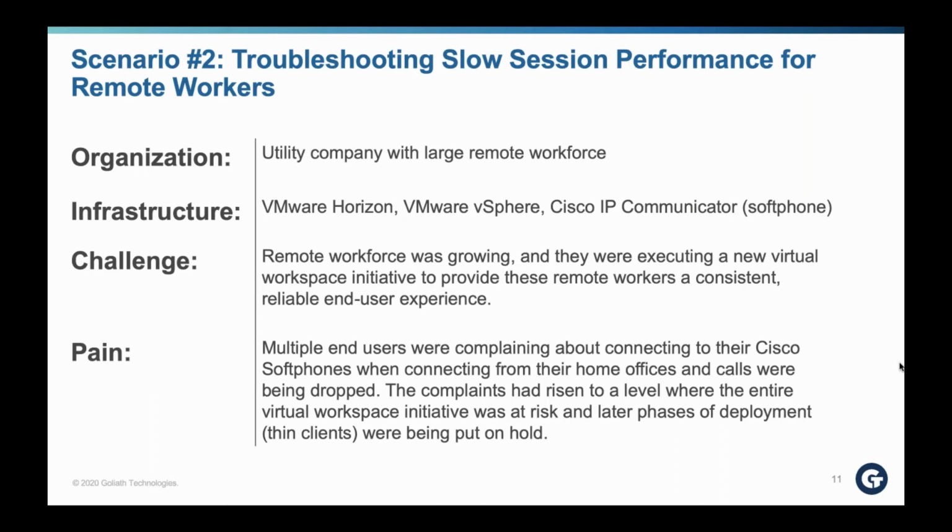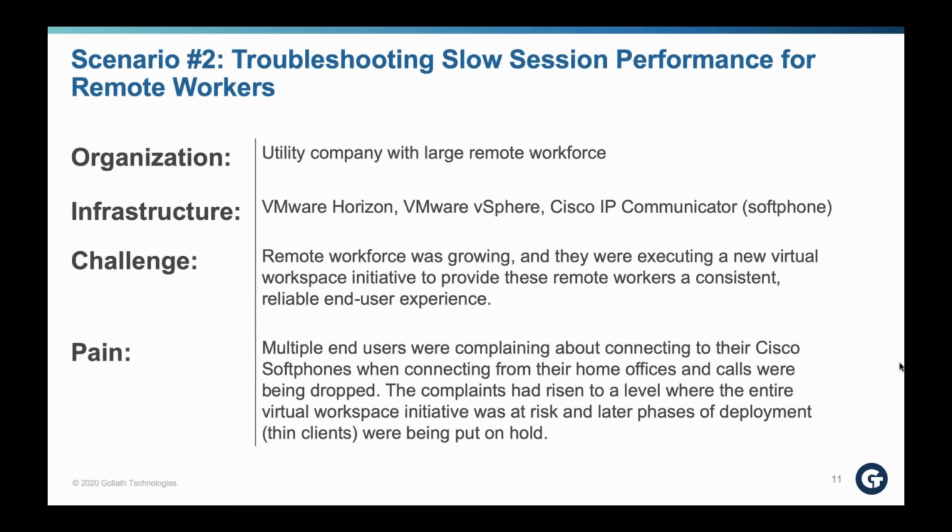So this was a large utility company with a large remote workforce, with users connecting into the Horizon VDI environment using thin clients, and they were also using IP communicator softphones within those thin clients.